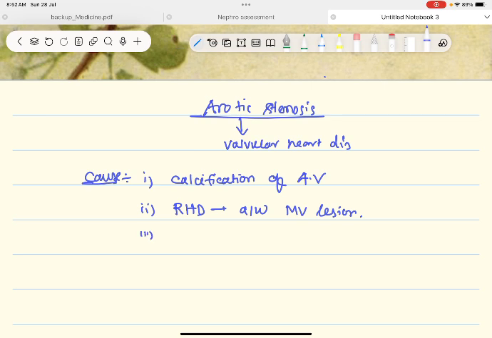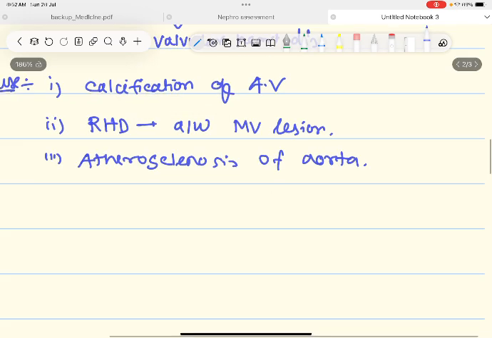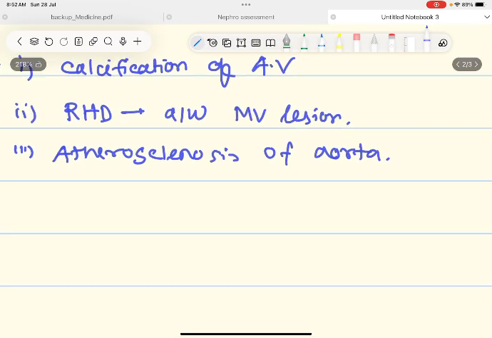And the third cause may be atherosclerosis of the aorta. Whenever there are atherosclerotic lesions of the aorta, it may involve the aortic valve also, which leads to aortic stenosis.